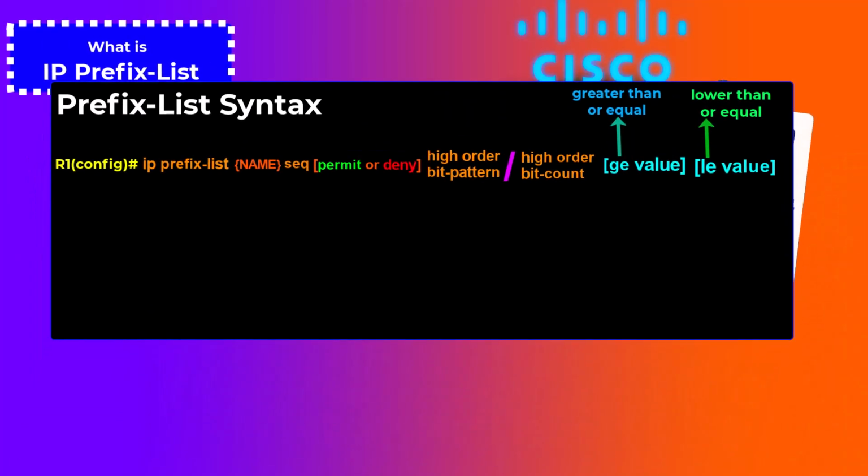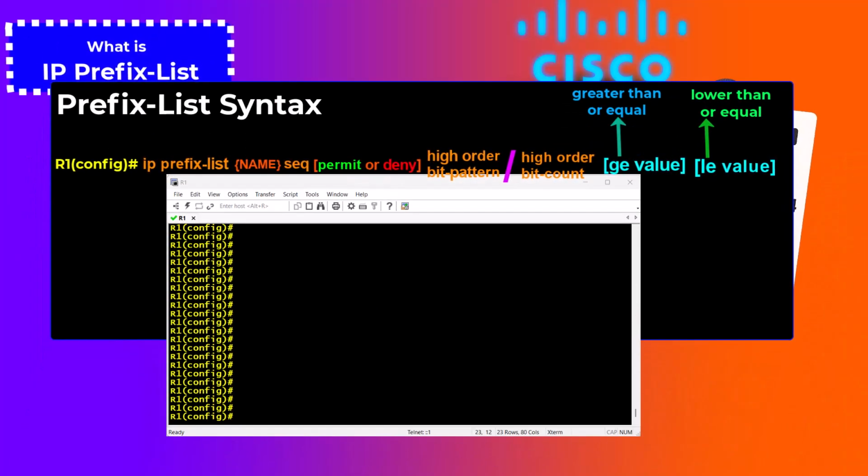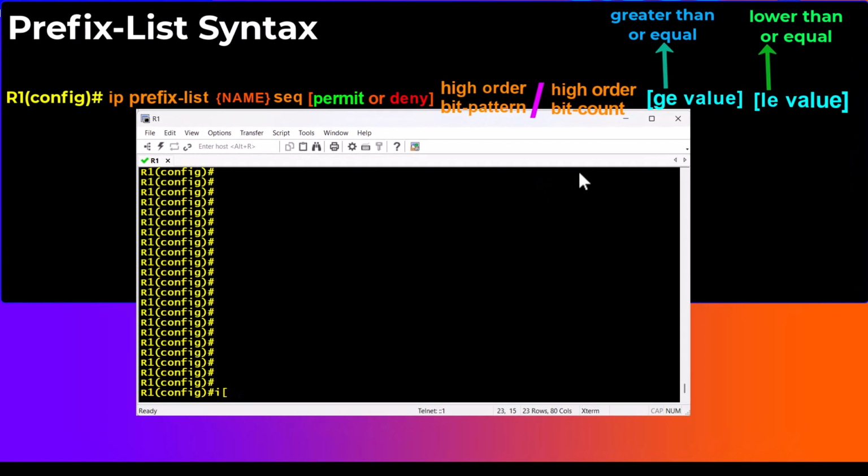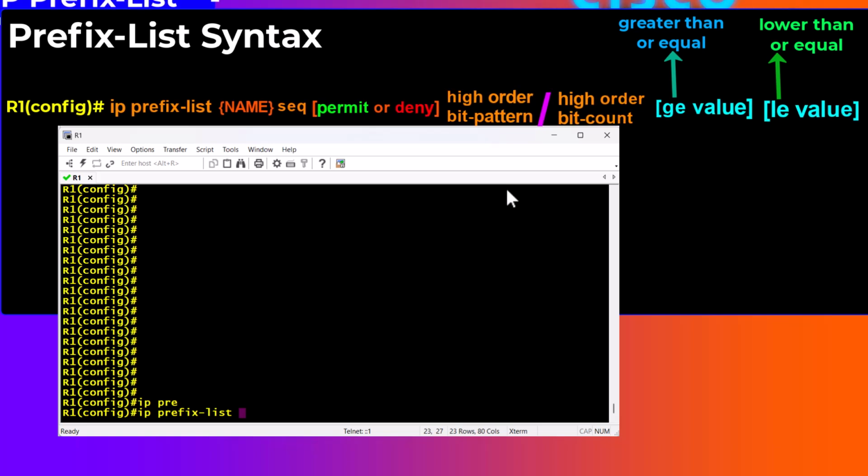Here's an example of IP prefix lists in a real environment. We go to global mode and input ip prefix-list and then the name of the IP prefix list, which in this case is AB. Then input your sequence number with seq, let's say 15, and then specify permit or deny. In this case it is permit, and then you input your high order bit pattern, which is your network.